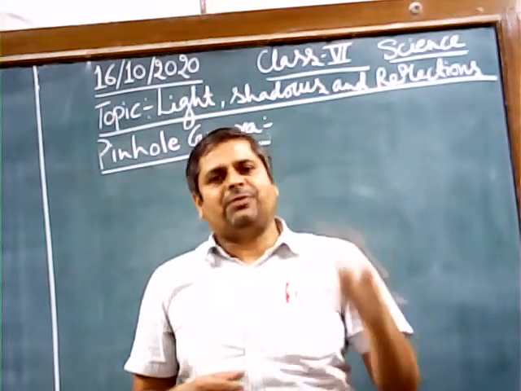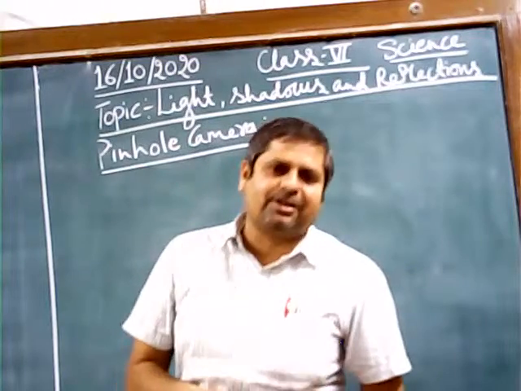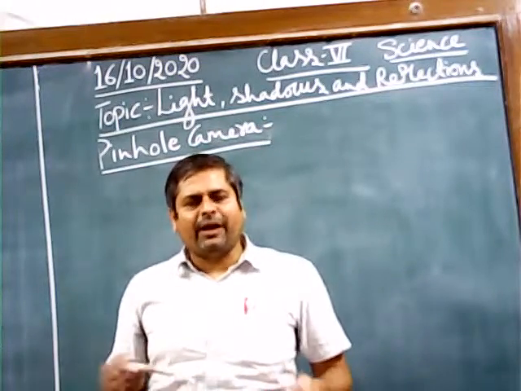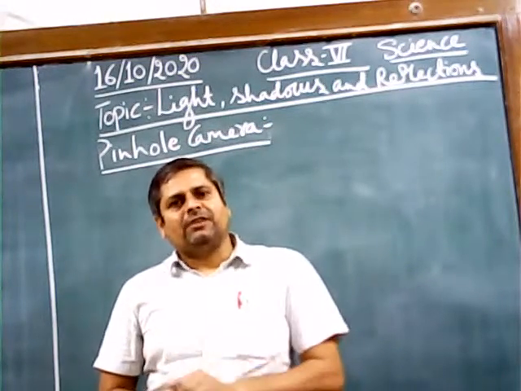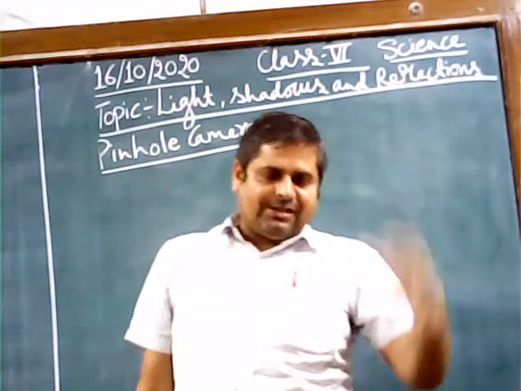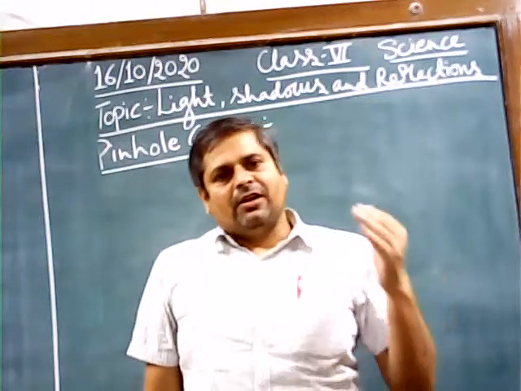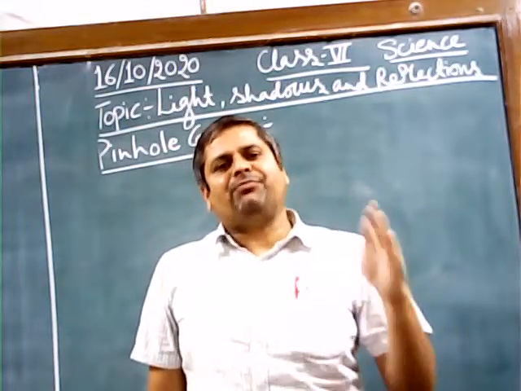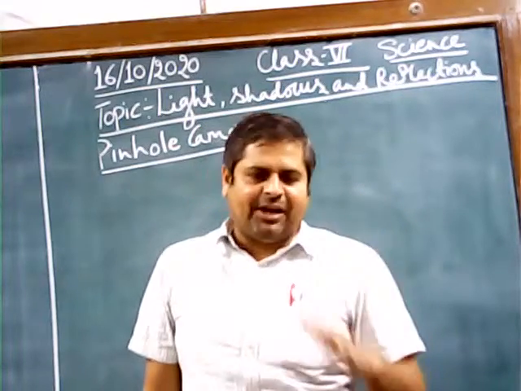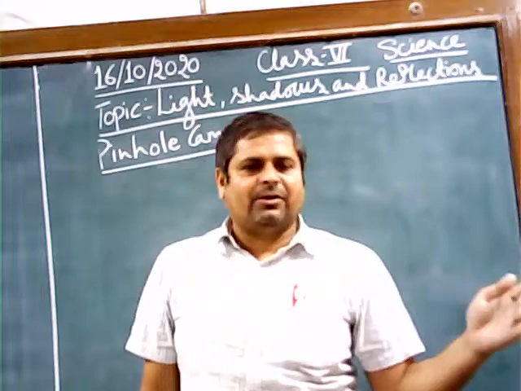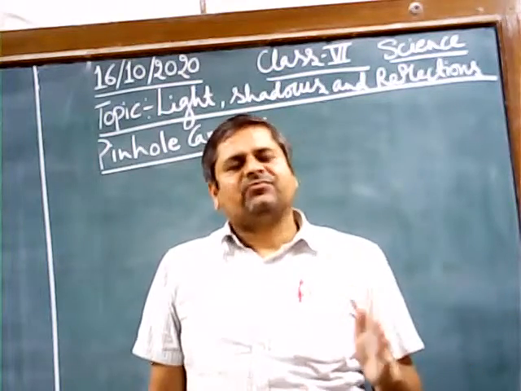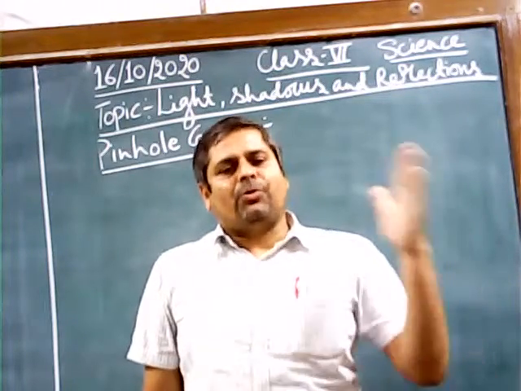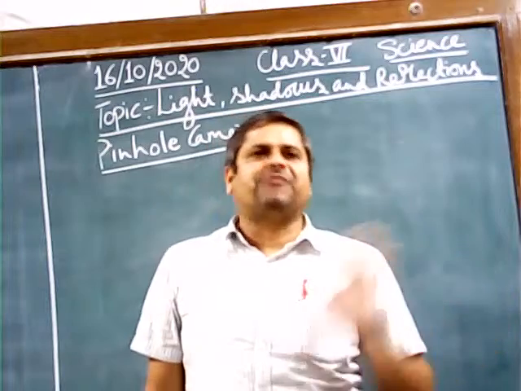However, they are visible to a certain extent. Okay, children? Is that okay? So in this manner, we have studied the three types of materials based on their ability to pass light through them. They are transparent objects, opaque objects, or translucent objects.